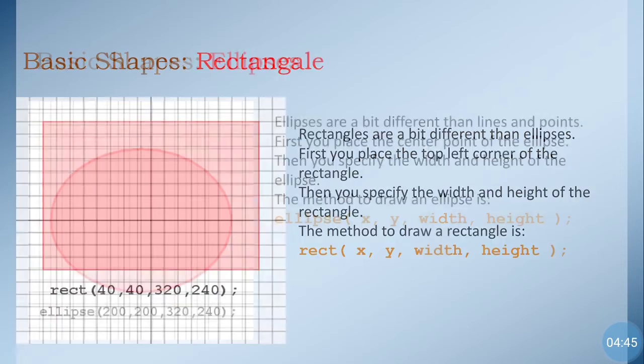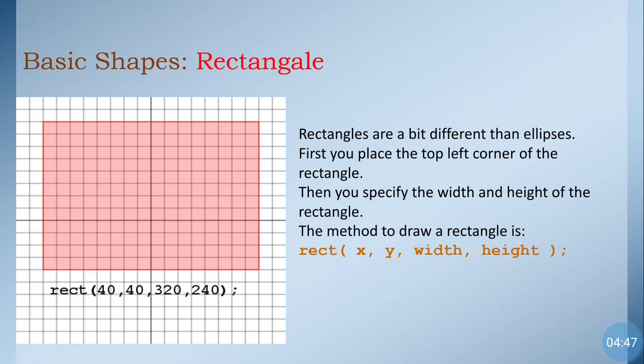Next, rectangle. Rectangles are a bit different from ellipses. First, you place the top left corner of the rectangle. Then you specify the width and height of the rectangle.